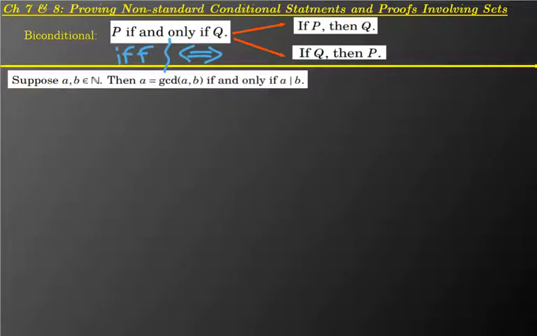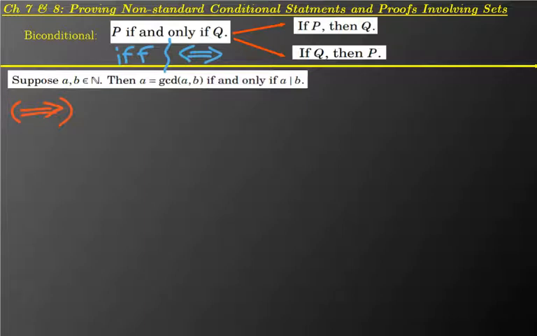And when you write these up, it's probably not very professional, and I wouldn't do this if I was submitting to a journal, but when you write up problem sets, it's good to show the teacher which direction you're proving.